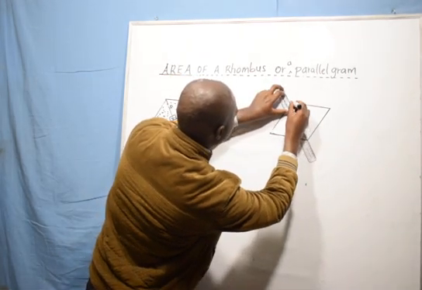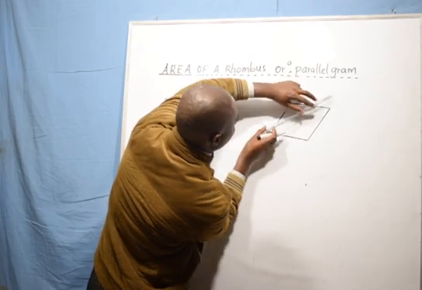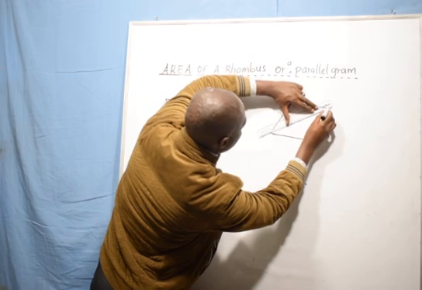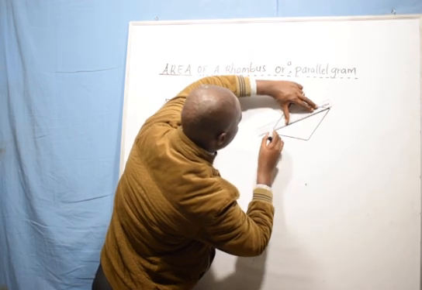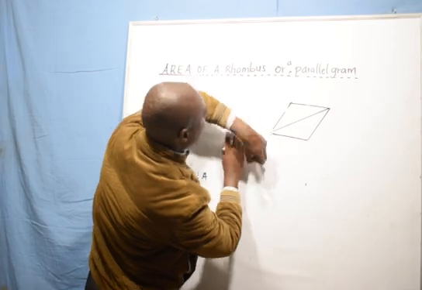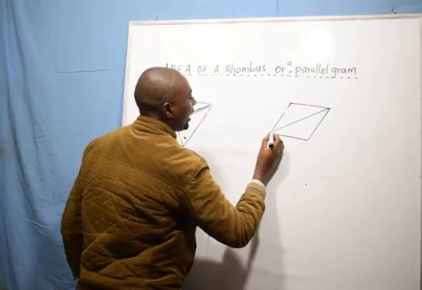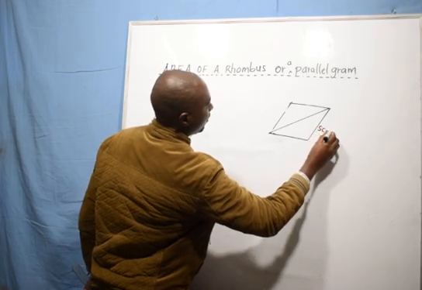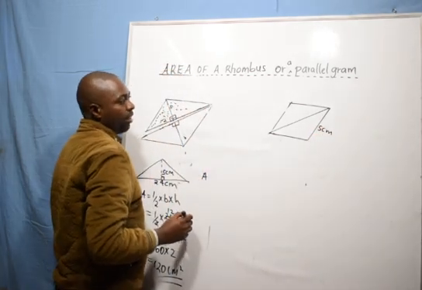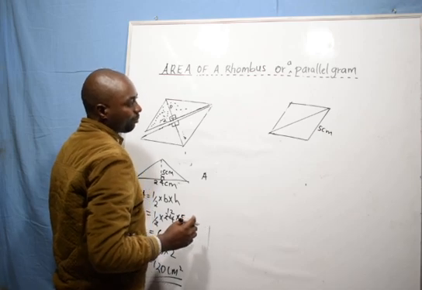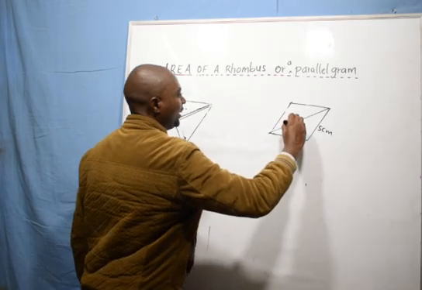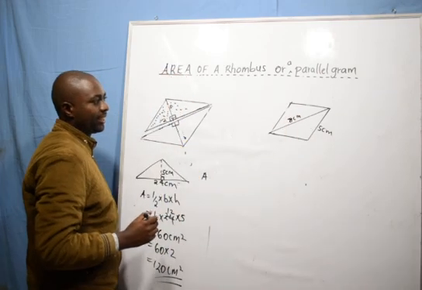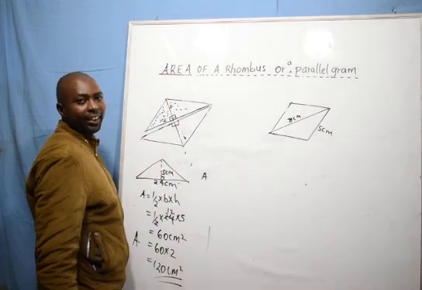Let me give the longest diagonal. Where you are given such a diagonal, and then you are given one side of a triangle as 5 centimeters. Then you are told that this diagonal is 8 centimeters. And you are expected to get the area.